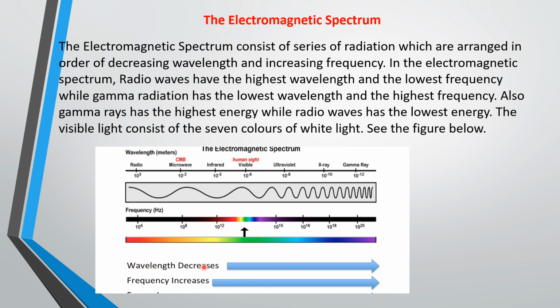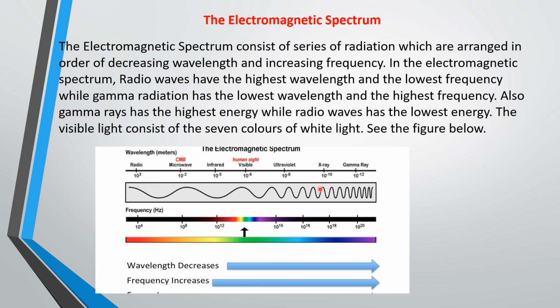This arrow indicates that the radiation arranged in this order is in the order of decreasing wavelengths and increasing frequencies. So if you look at this order, we will see that the gamma ray has the highest energy, while radio waves have the lowest energy.